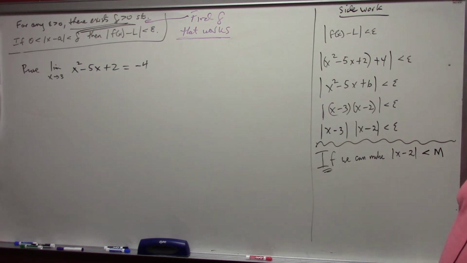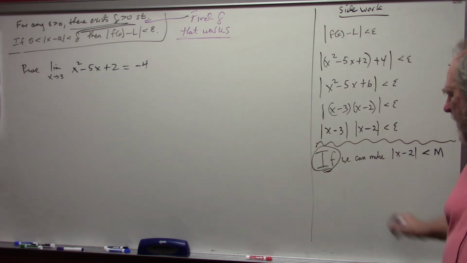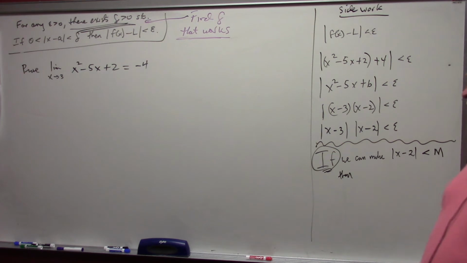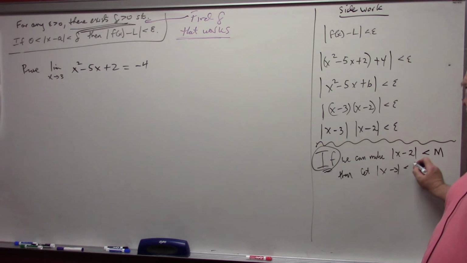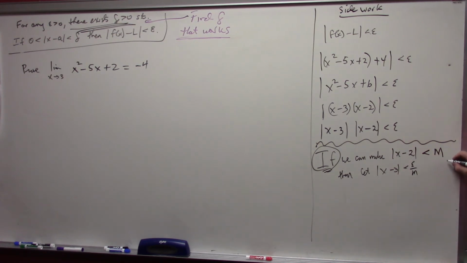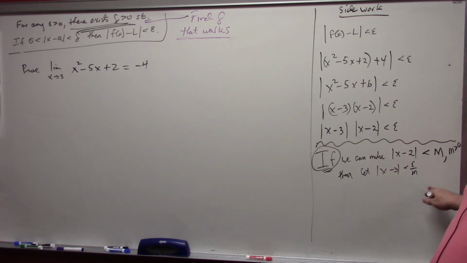I'm not telling you yet how this is going to occur, but if we can do that, then we let the absolute value of x minus 3 be less than epsilon over m. M here has to be a positive number. If I can make the absolute value of x minus 2 less than m, where m is some positive value, then we'll let the absolute value of x minus 3 be less than epsilon over m.